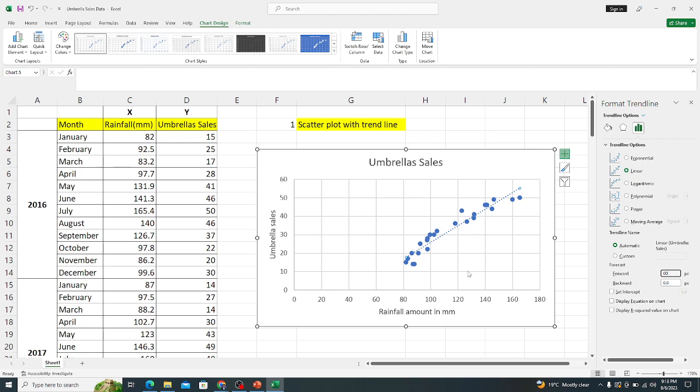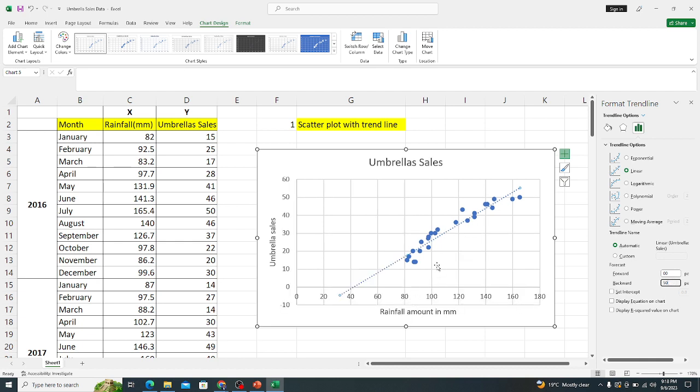If you want to project backward, meaning it will project something before here, for example if I need a 50% backward projection, I can just write 50 and then you can see. This is the line of best fit.